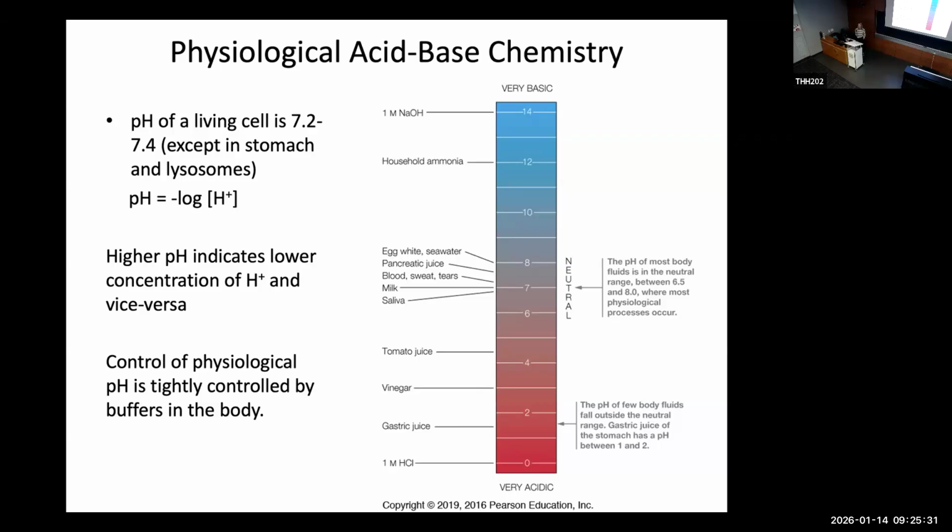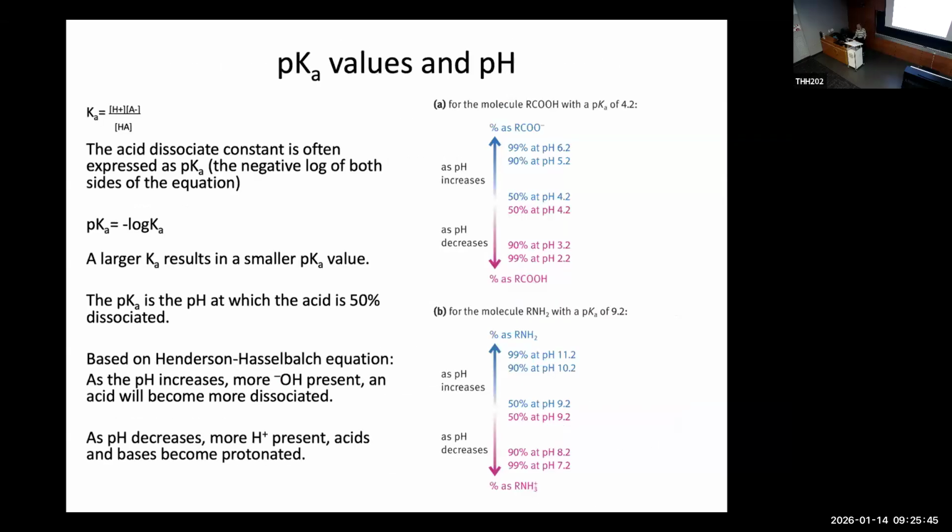When you start peeling protons off of amino acids, it can change the structure of a protein. So there are lots of other reasons as well, but keeping our blood chemistry around neutral is very important. Okay, so thinking about a pKa and association and dissociation.